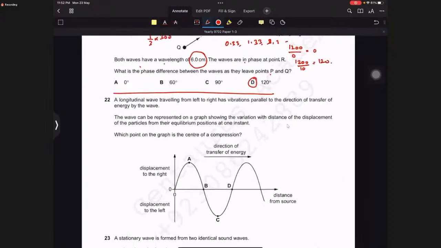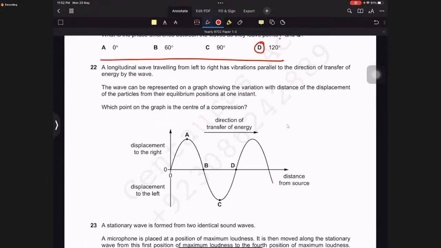Now, question 22. Which point on the graph is the center of the compression? It's a longitudinal wave. I just want to tell you, this is a pretty simple question. When you look at a longitudinal wave, it has compressions like this, and then it has rarefactions like this, and then compressions again.